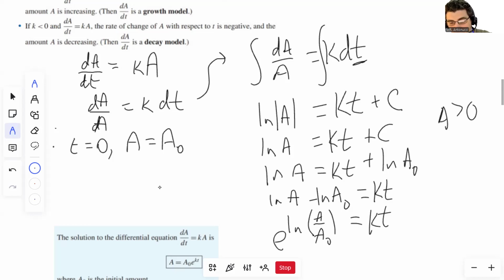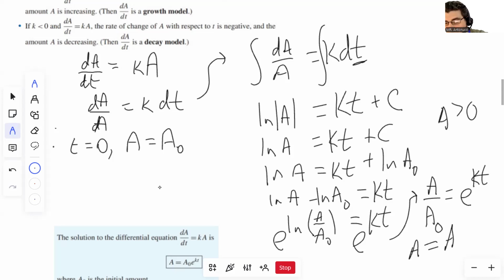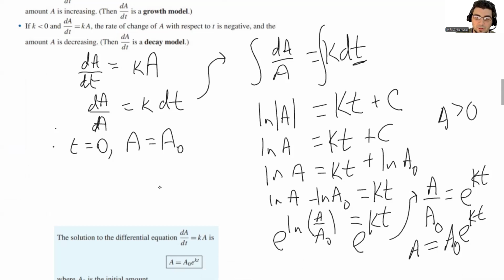And then we could exponentiate both sides because we're going to try to solve for A. All right. So you would have A over A naught equals e to the kt. And then if I solve for A, you would have A equals A naught e to the kt, where k is the constant of proportionality, A naught is the initial amount.